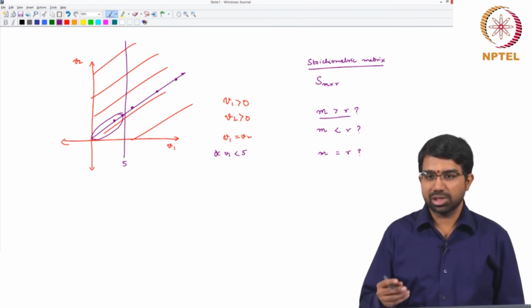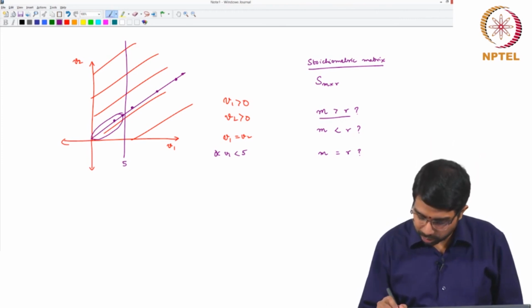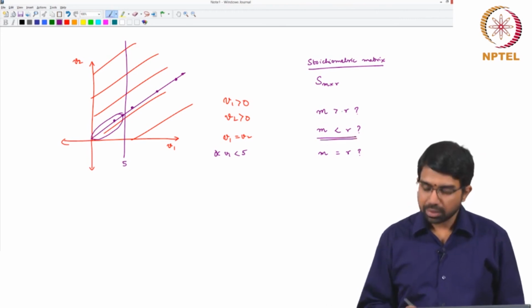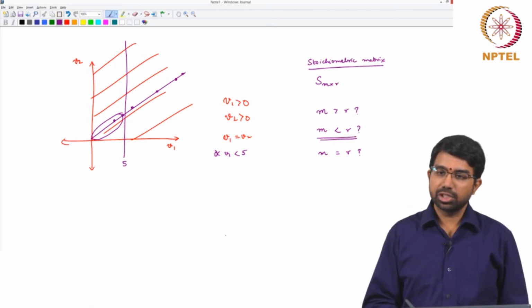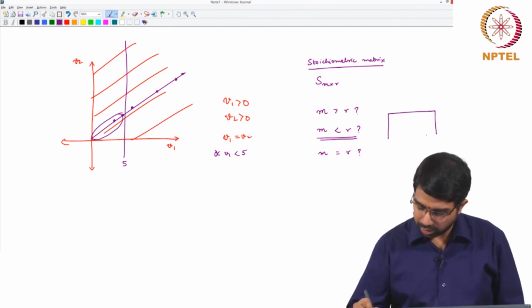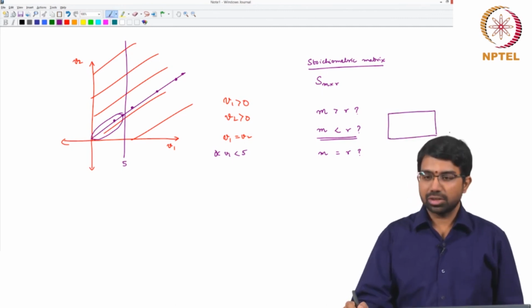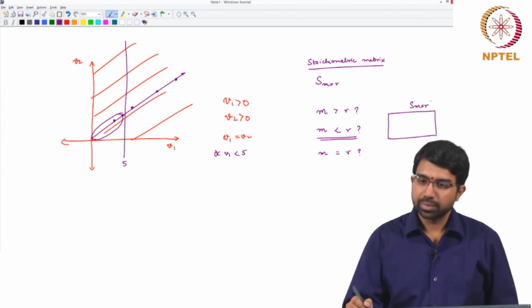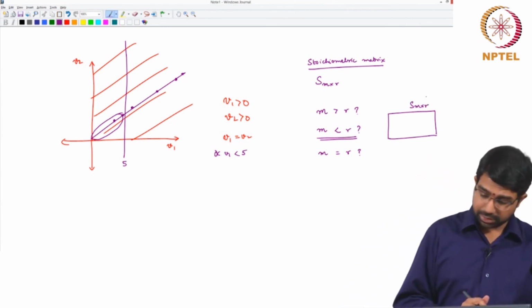Obviously some metabolites keep changing. So, invariably you have M less than R, which means you have fewer rows than columns and you have a fat stoichiometric matrix. We will see what implications this has.